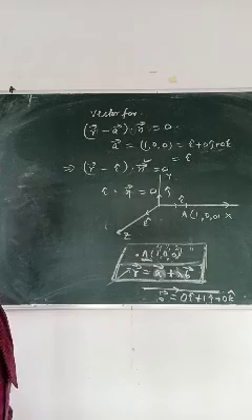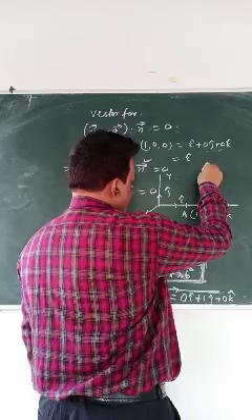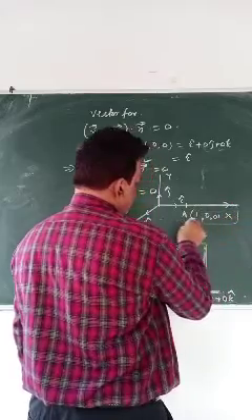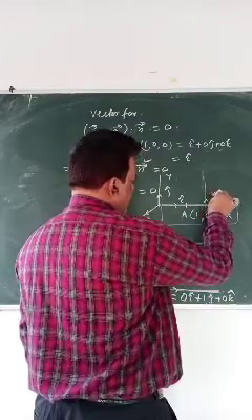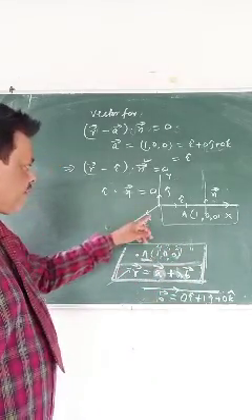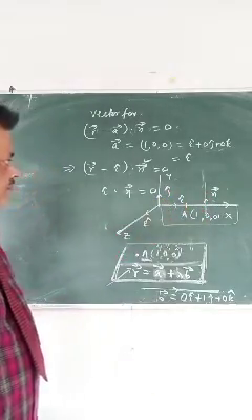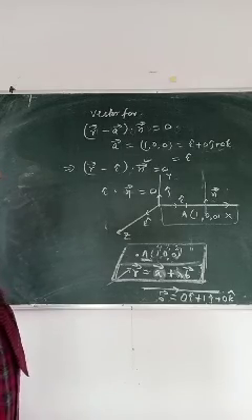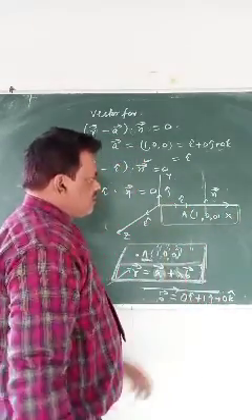Okay, then the plane is containing a line. The plane is containing this one, and it has a normal n. So i dot n will be 0, and any point on this direction.